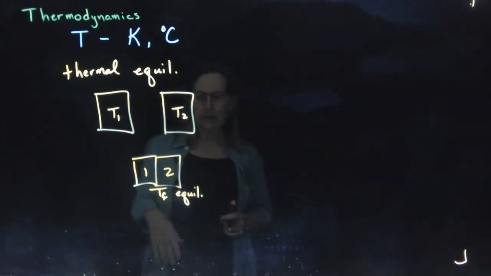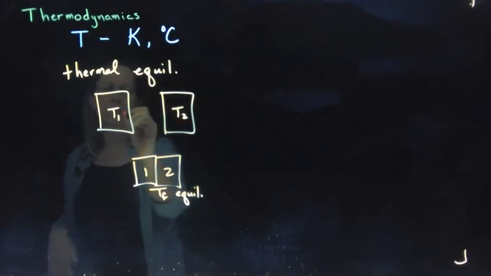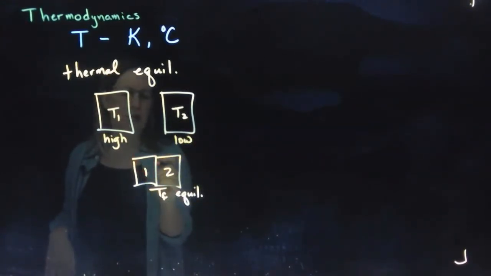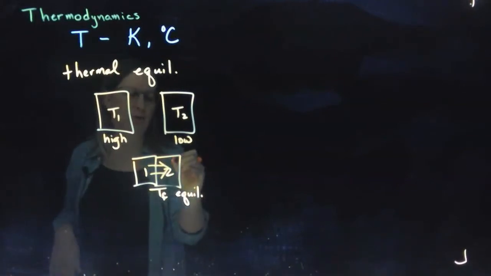That's what heat is. It's this transfer of energy. So if this is warmer, the high temperature, and this is lower, then as these come together we have heat exchange, heat going from 1 to 2, heat energy that travels from 1 to 2.